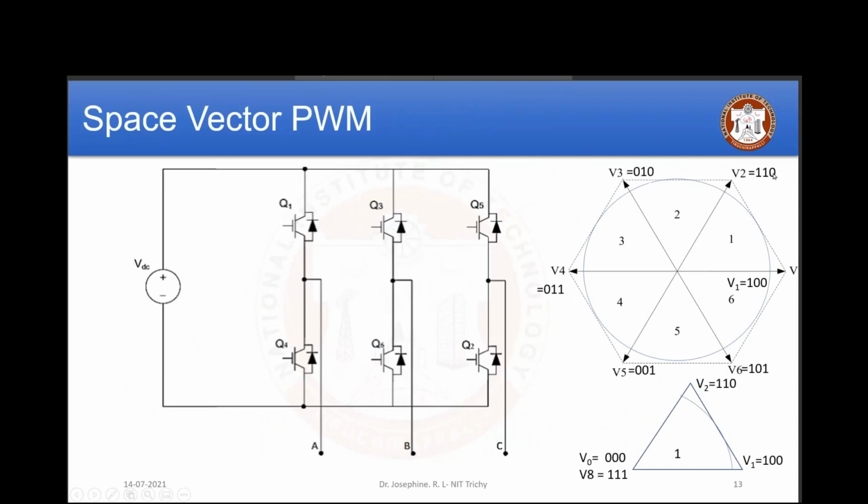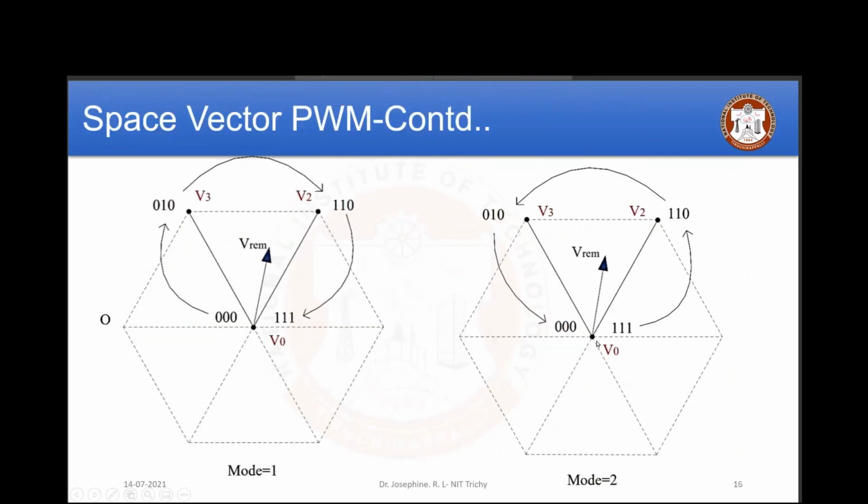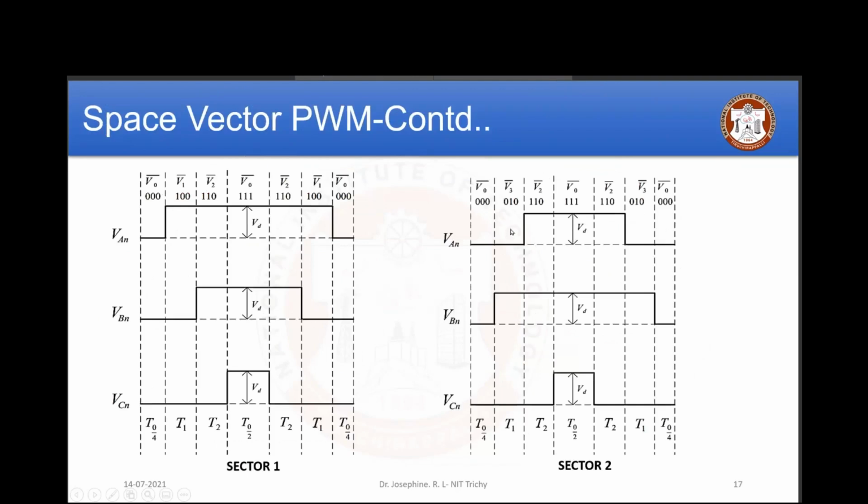Now it has to operate 0 0 0, 1 1 0, 0 1 0, again 1 1 1, and you have to go back like this, then again come back to 1 1 1. You have to go in reverse now, 0 0 0, 1 1 1, like this. The sequence is normal and you have to know how long you have to turn on each state.